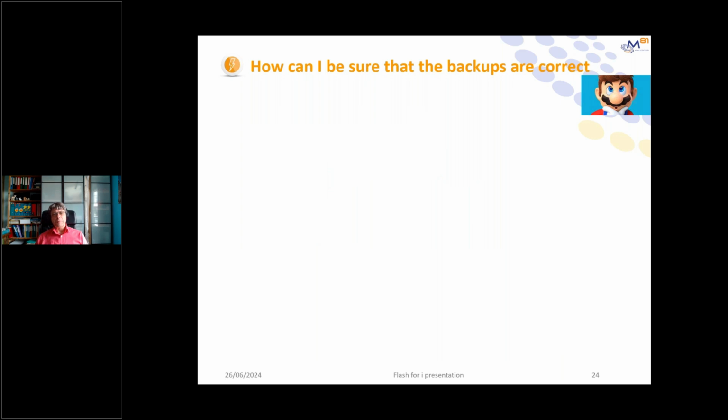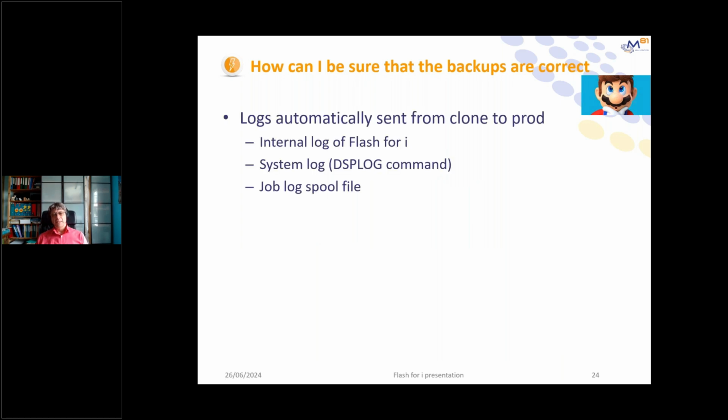How can I be sure that the backup is correct? Well, again, the logs are sent automatically. So on the production, there is a lot of log information, including the job log of the job that made the backup. So you have the job log on the production itself.